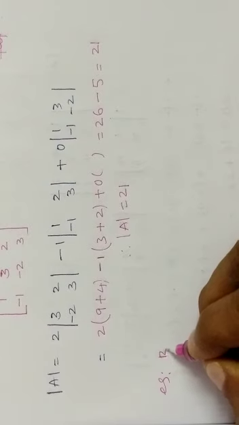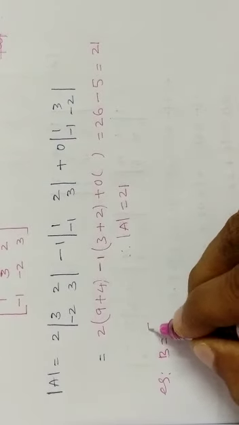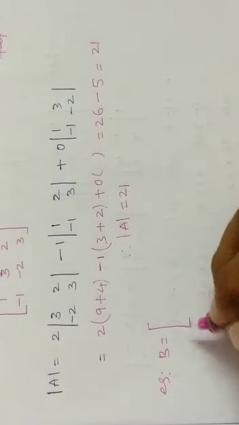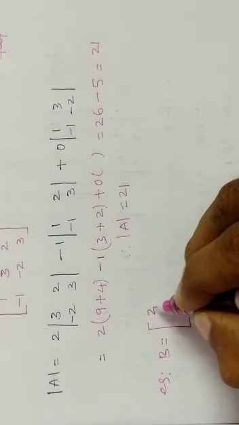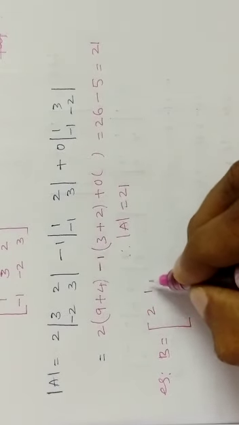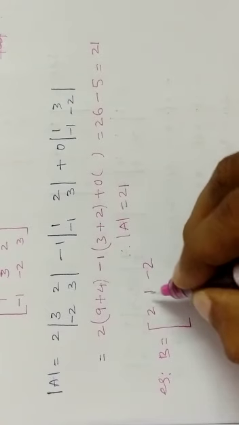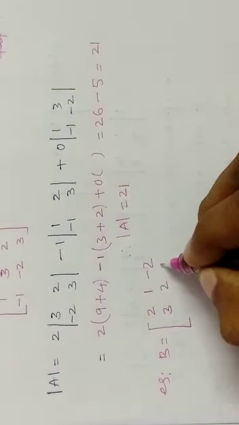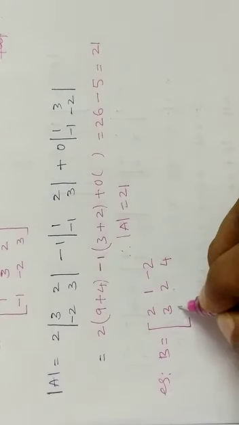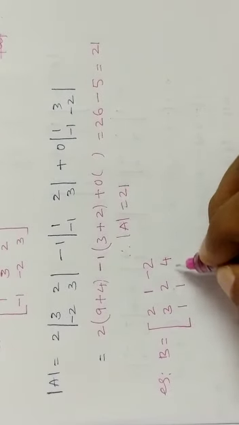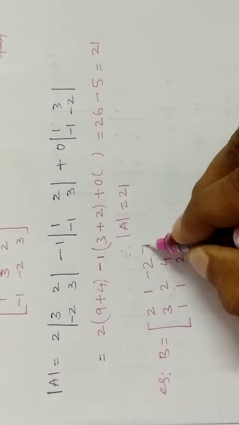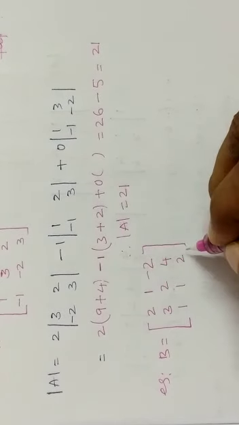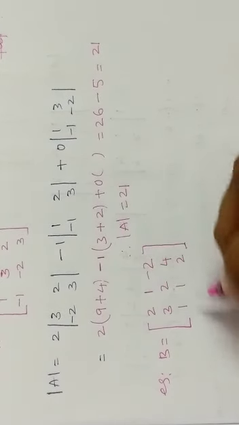I shall take matrix B, a 3 by 3 matrix, 2 1 minus 2, 3 2 4, 1 1 2. I want to find det B.